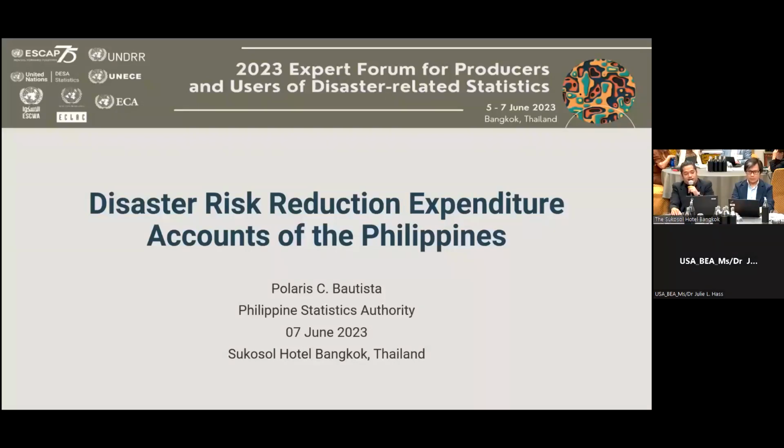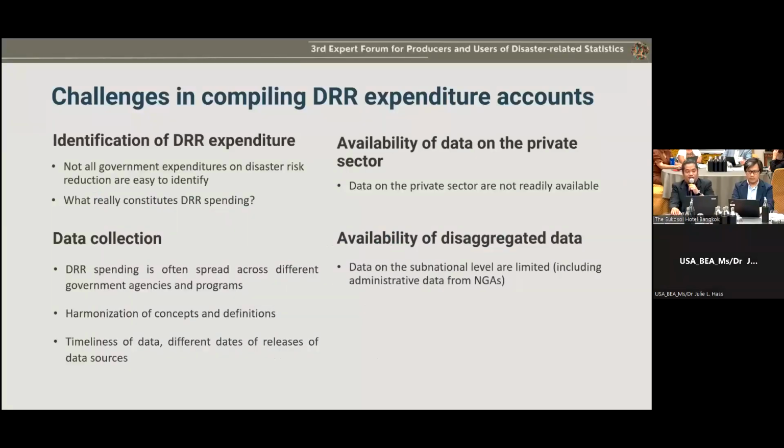This is a significant achievement, and it is a testament to the Philippine government's commitment to disaster risk reduction. So I'm here to discuss the challenges we've come across while compiling the account, as well as the potentials and benefits of having a DRR expenditure account in making communities safer and more resilient to disasters.